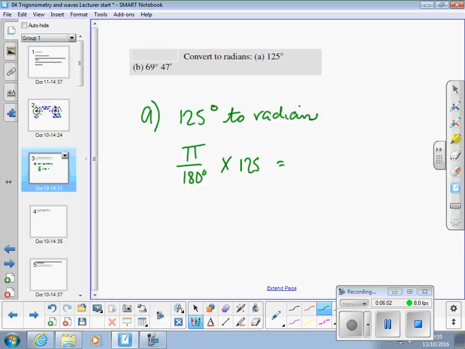So if you plug that into your calculator, you should get the correct answer. Might be helpful to have a bracket over that, or use the fraction facility on your calculator too.